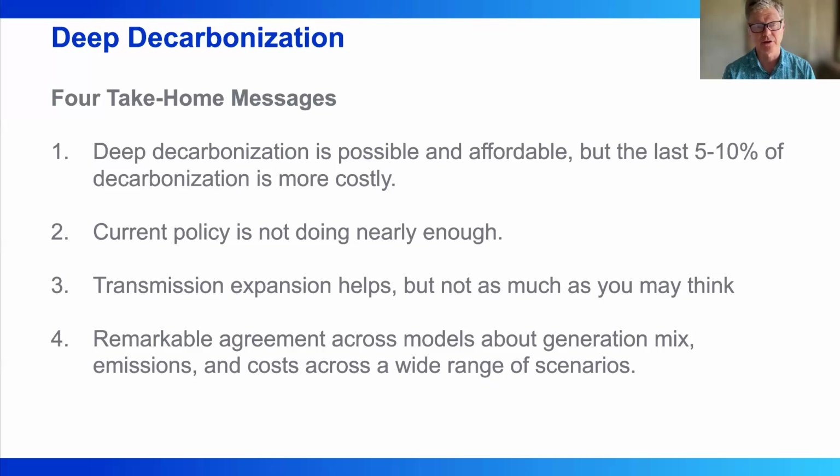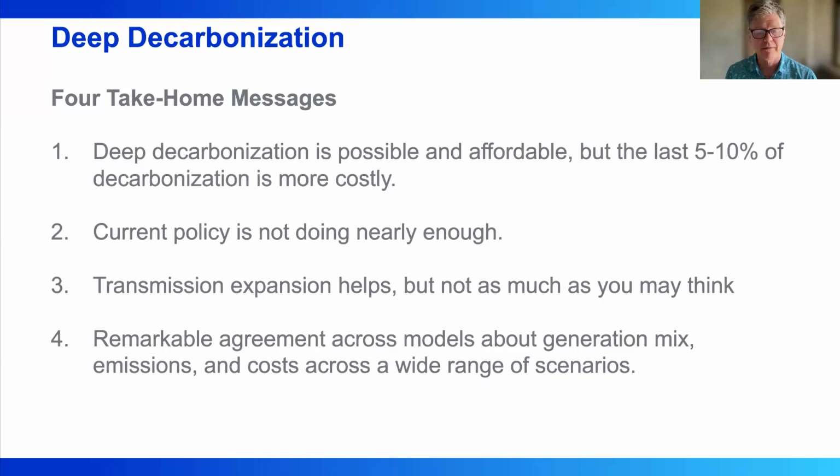There are 4 take-home messages that I'll tell you right up front, some of which I think are pretty well known and some maybe not so much. Deep decarbonization is possible, and it's pretty affordable. But the last 5 to 10% of decarbonization of the electricity sector is pretty costly, at least in relative terms.